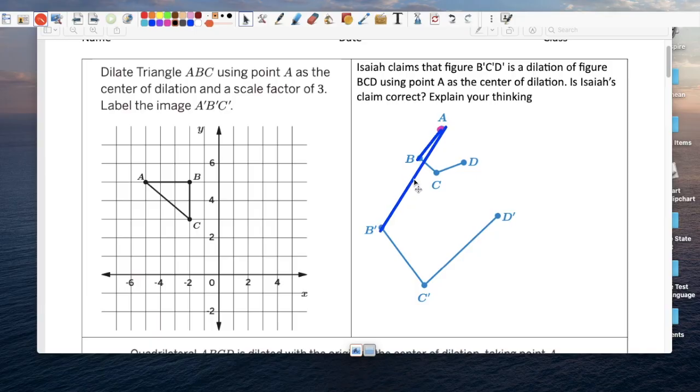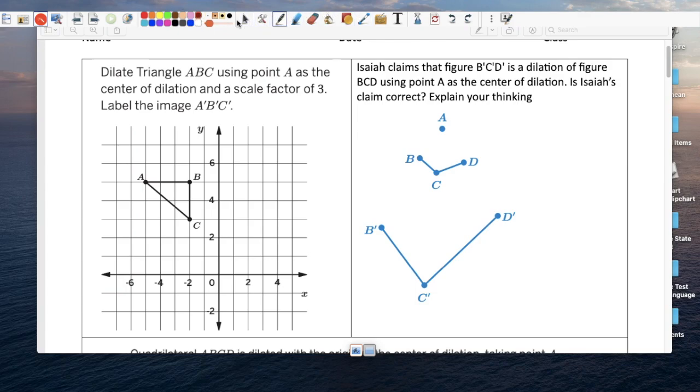It does. And I'm going to say that's 1, 2, 3, a scale factor of 3. So, right? So it definitely looks like the distance, the original distance of AB was scaled up by a factor of 3. Let's look at point C, AC.